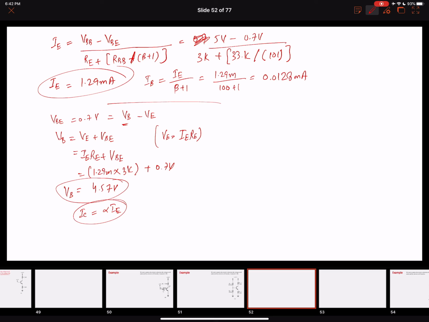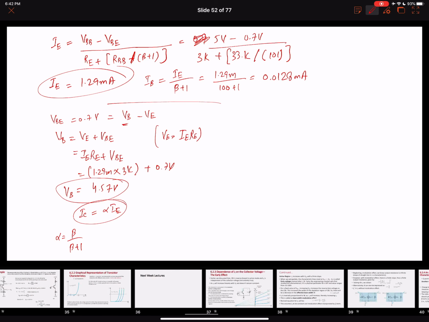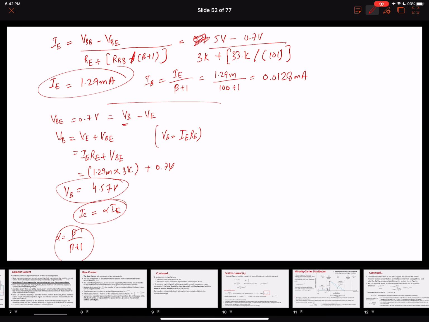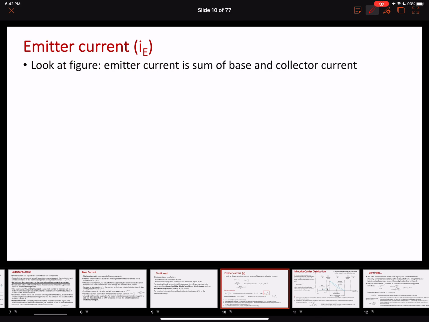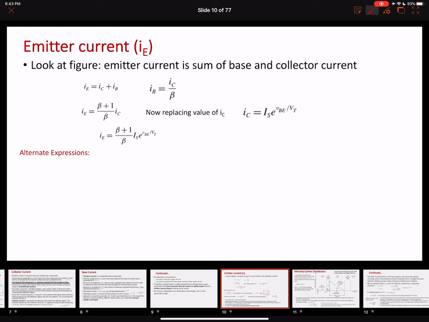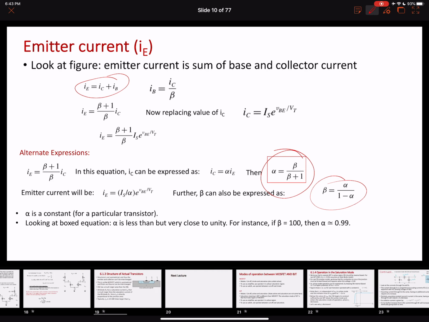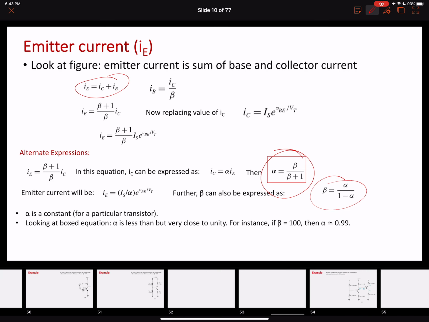No. But we know that alpha equals beta over beta plus 1. You can find all of these alpha and beta relations in the first week lectures. Let me quickly show you where they are. When we derived the emitter current equations, we ended up finding all of these expressions. For example, here's an expression of alpha. Similarly, you can also find the beta expression. So alpha is beta over beta plus 1.